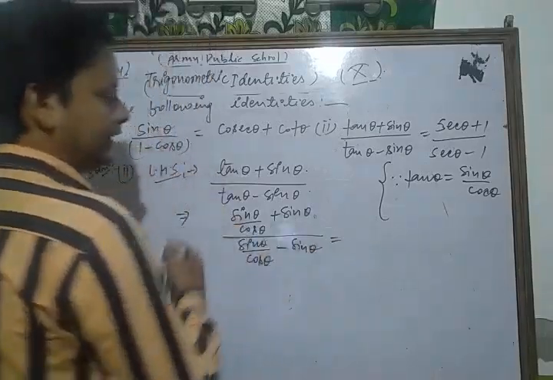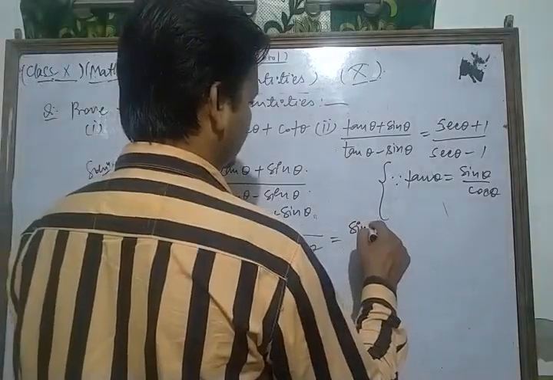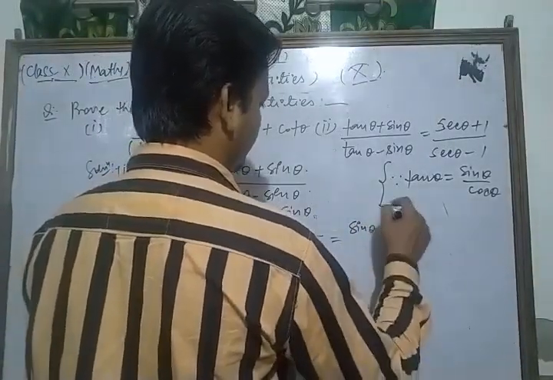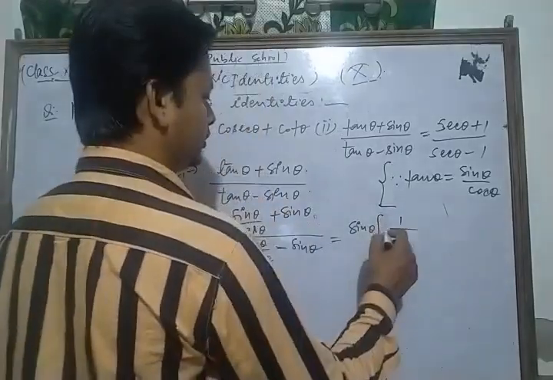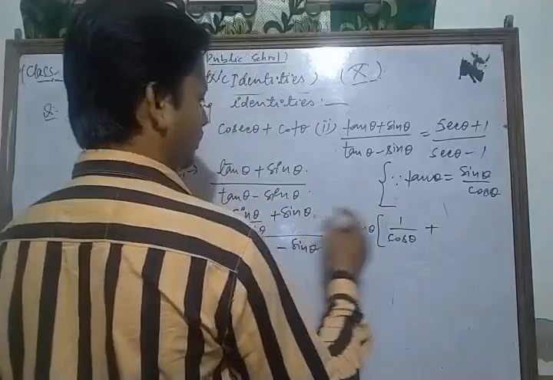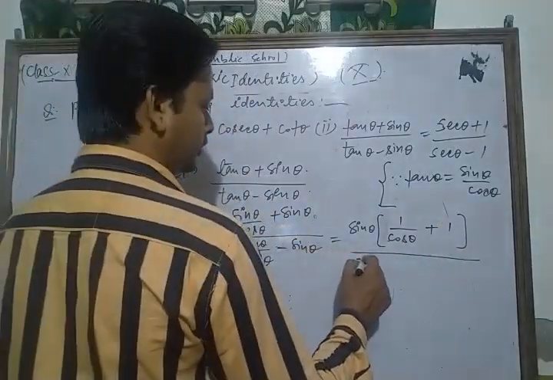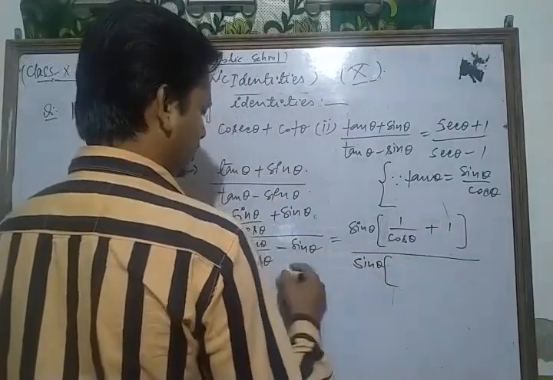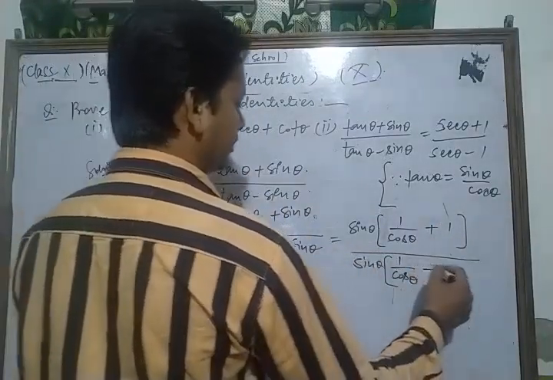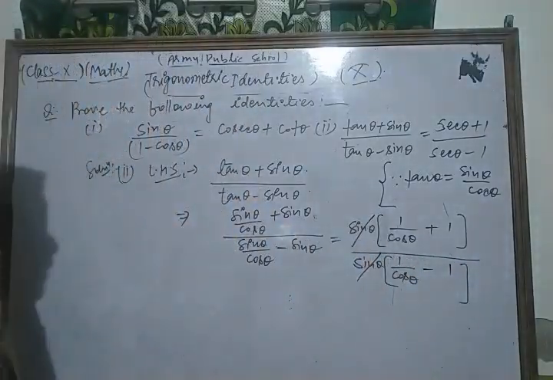Now sin theta is common from the numerator, so we get 1 upon cos theta plus 1. Sin theta is common from the denominator, so we get 1 upon cos theta minus 1.